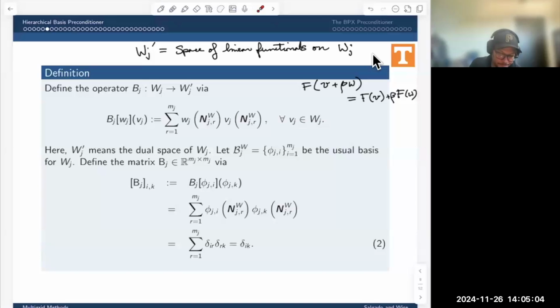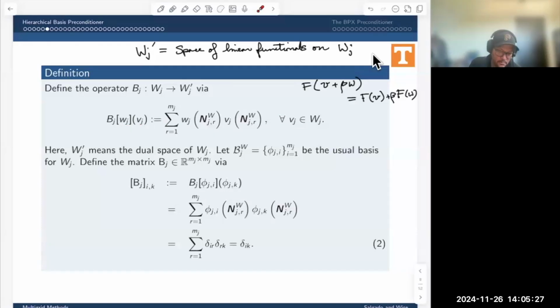I'm going to create it from this little wj, and it's going to act on any other vj.